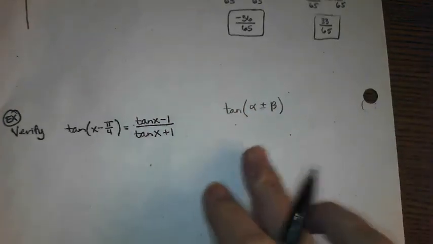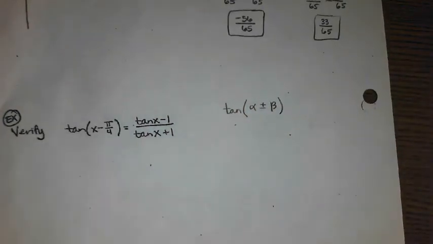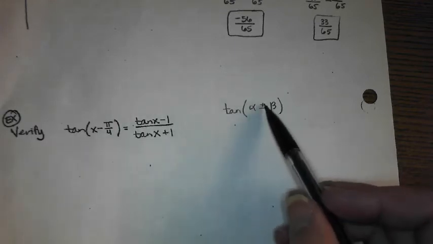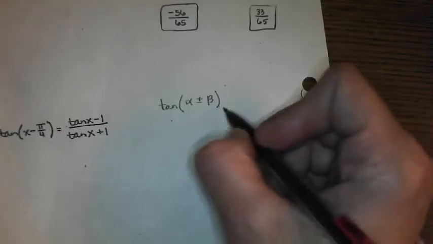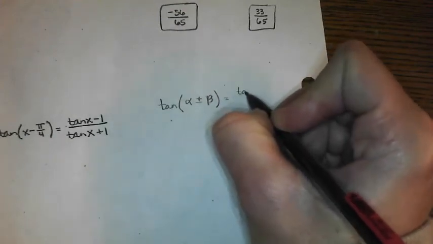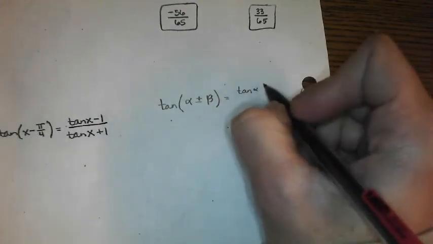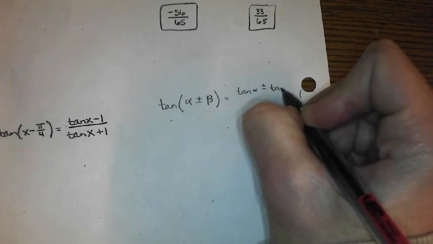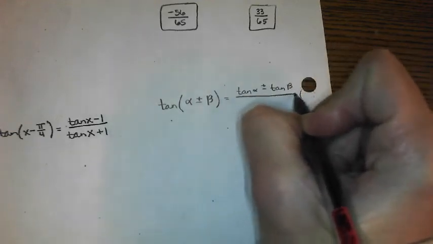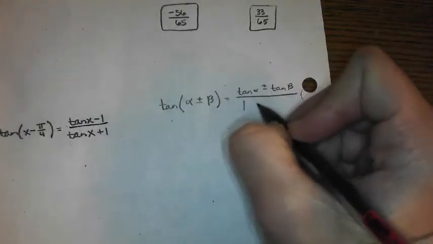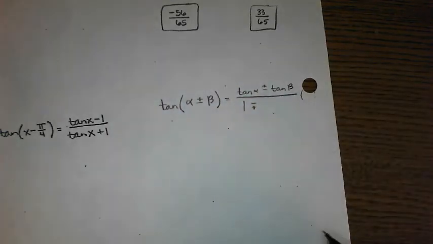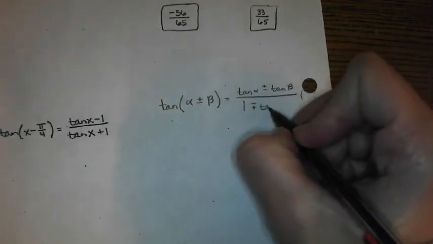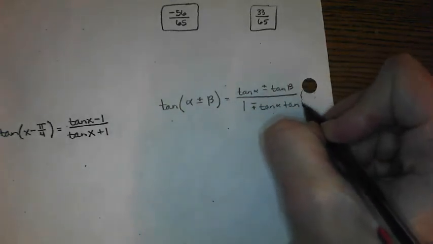I'm going to give you the tangent addition version and subtraction version in the same one equation. So plus minus is the sign that they use. So it's tan alpha plus or minus tan of beta over 1 minus plus tan alpha tan beta.